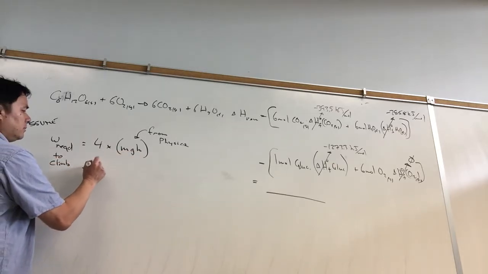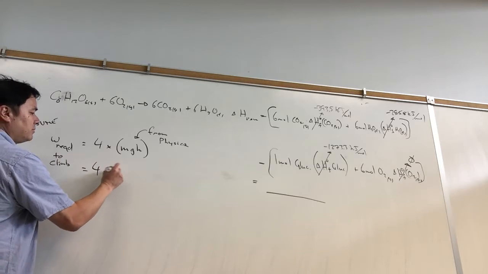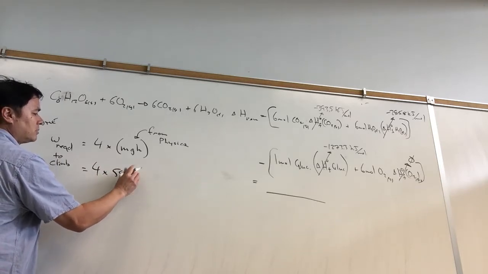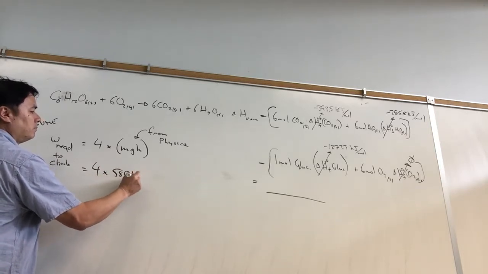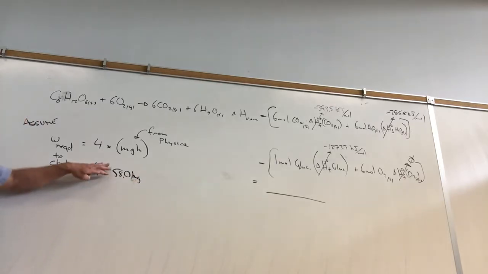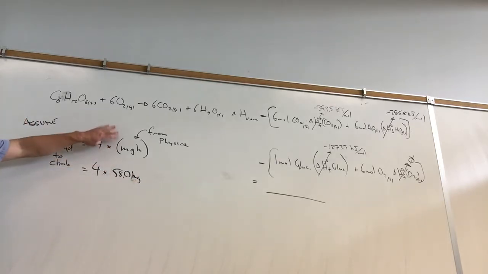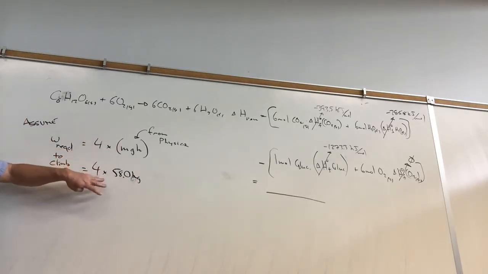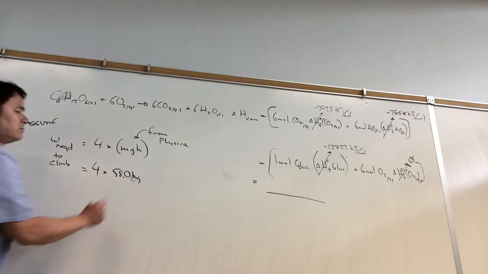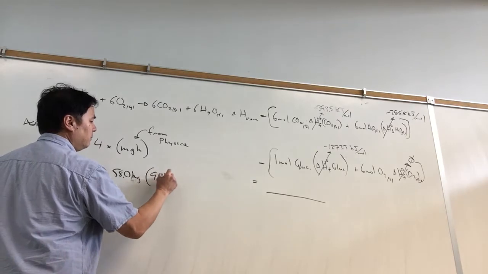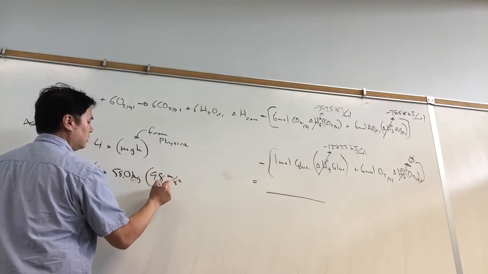And so we're just going to assume it. So 4 times the mass, which is 58.0 kilograms. That's how much the person weighs. If you were to lift a mass 1,450 meters, this is the amount of energy. The person's climbing the mountain, so we're just going to quadruple it. Times g, which is 9.8 meters per second squared.